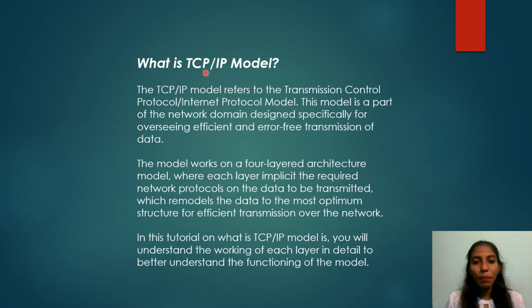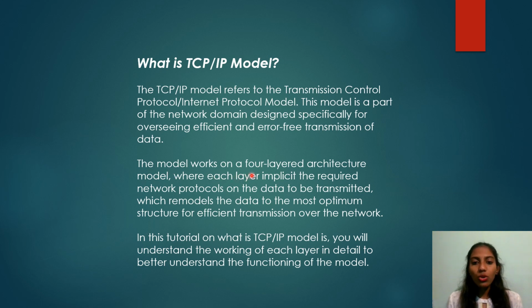What is the TCP/IP model? The TCP/IP model refers to the Transmission Control Protocol or Internet Protocol model. This model is a part of the network domain designed specially for overseeing efficient and error-free transmission of data.